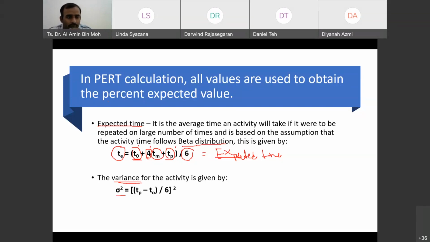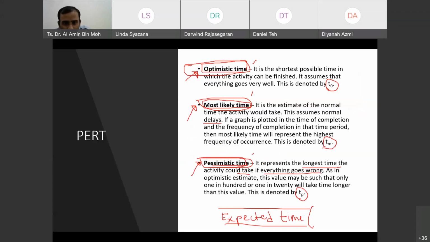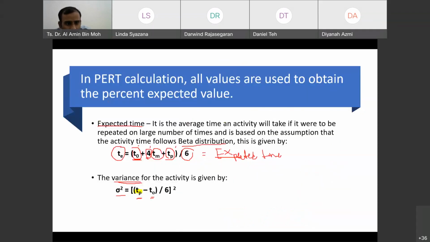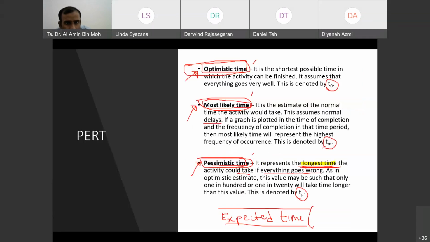Okay. So basically, what is the variance? Pessimistic minus optimistic. Okay. What is pessimistic? The longest, right? Longest time. Okay. Minus optimistic, the shortest time.